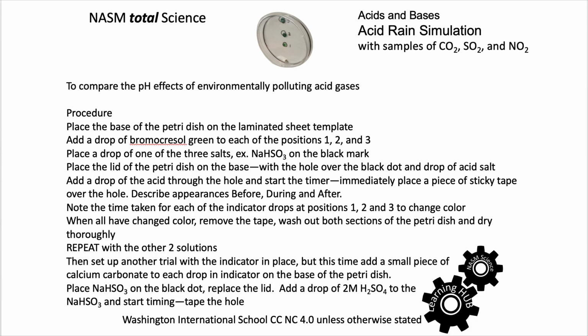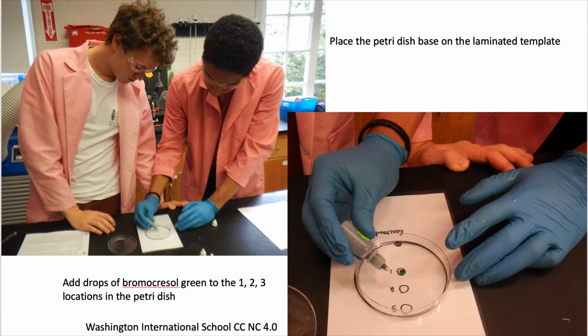And the procedure: you can pause this, read it carefully, and discuss the safety implications at each point. Here you place the Petri dish on the laminated template, and then you're going to add drops of the indicator bromocresol green to the positions 1, 2, and 3.